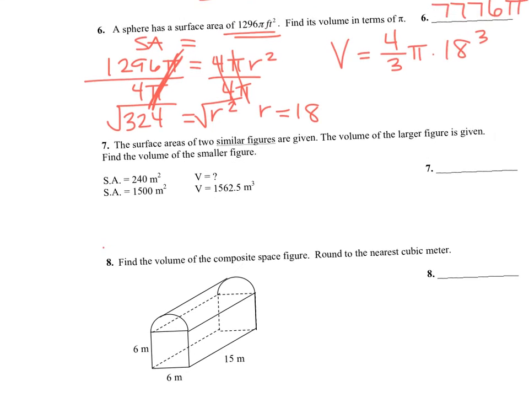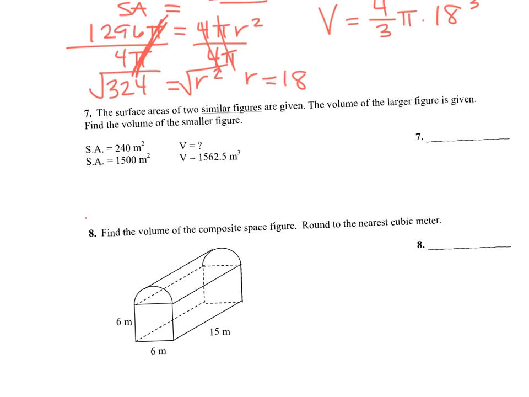All right. This one, it says the surface areas of two similar figures are given. The volume of the larger figure is given. Find the volume of the smaller. What do we do? This is the one that I feel like is going to give people the most trouble on the test.